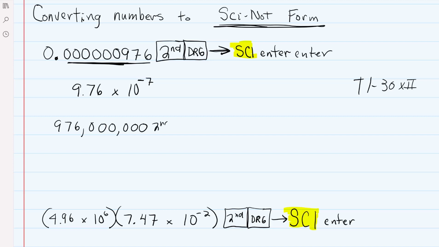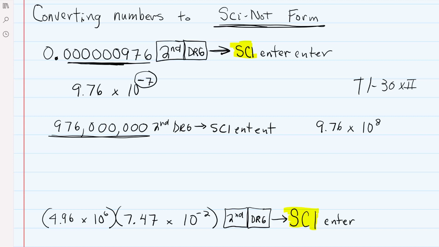And when you do that, you get 9.76 times 10. Notice this is now a positive exponent because this is a number larger than 1. This is a number less than 1, so it will have a negative exponent. This is a number larger than 1, so it has a positive exponent.